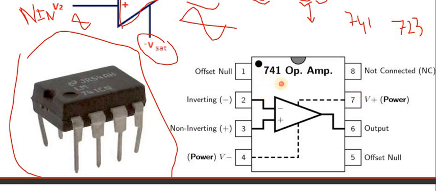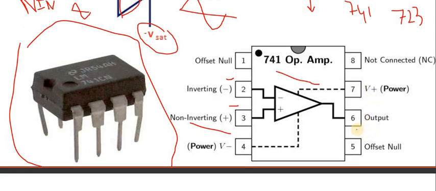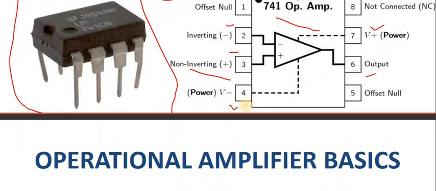So the 741 OPAMP has 8 pins, where pin number 2 is the inverting terminal, pin number 3 is the non-inverting terminal, pin number 6 is the output, pin number 4 is minus VEE and plus VCC is pin number 7. Others are either not connected or required at the time of offset cancellation.